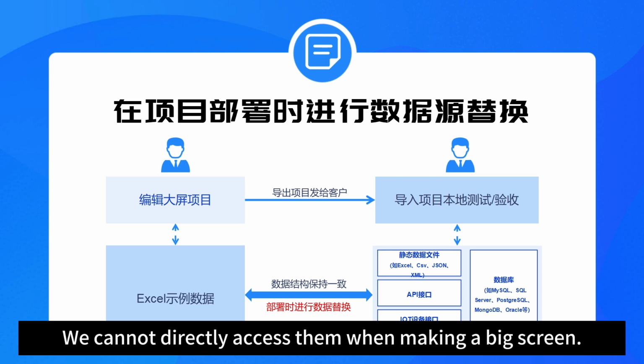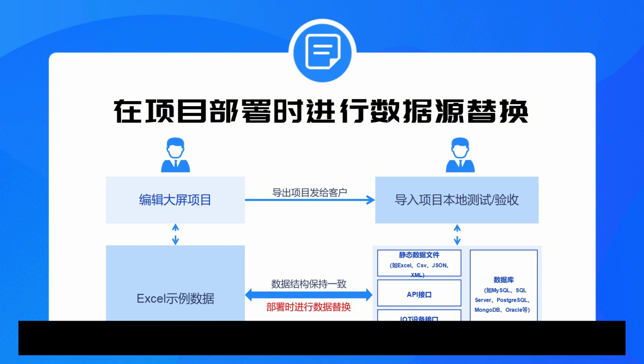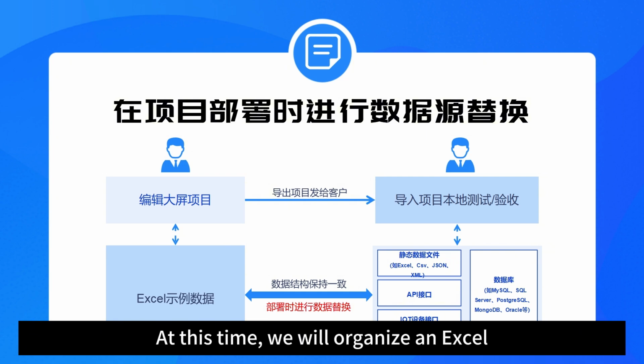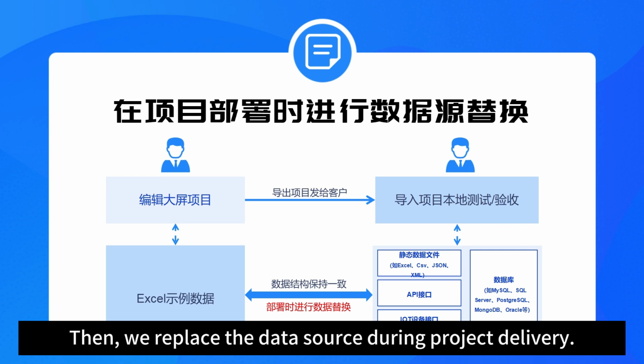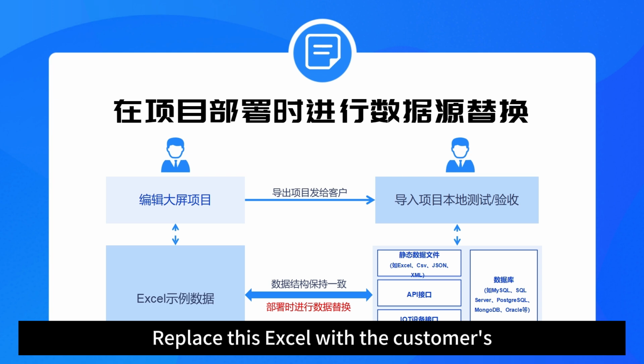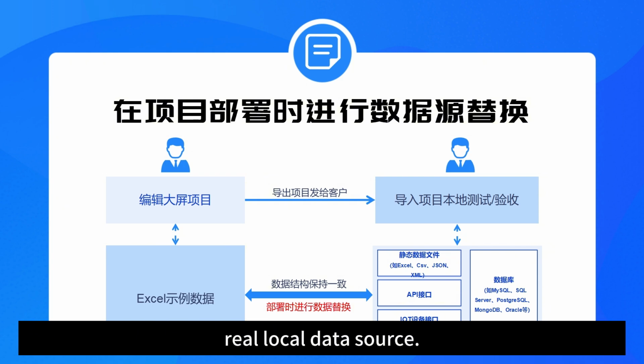We cannot directly access them when making a big screen. At this time, we will organize an Excel as the data source. Then we replace the data source during project delivery. Replace this Excel with the customers' real local data sources.